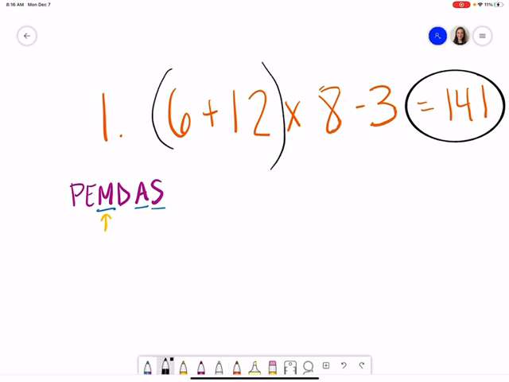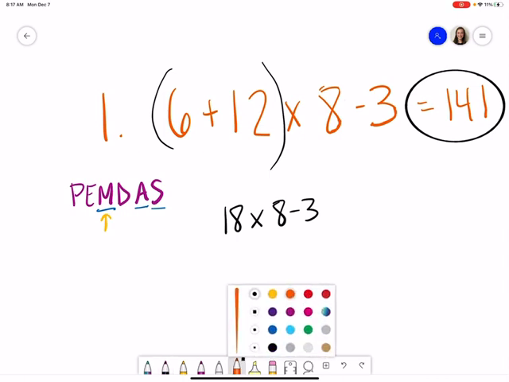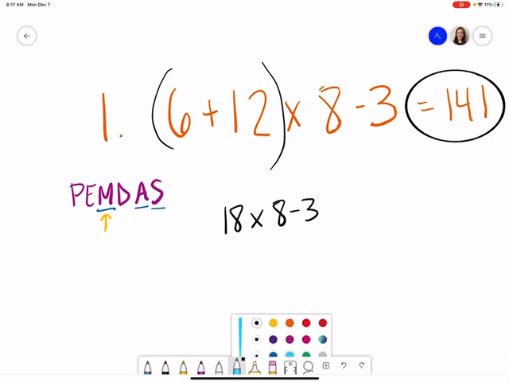So I'm going to put my parentheses around my 6 plus 12. We know that 6 plus 12 is 18. 18 times 8 minus 3. So our first thing that we would have underlined up here, so I don't skip steps, was the parentheses.